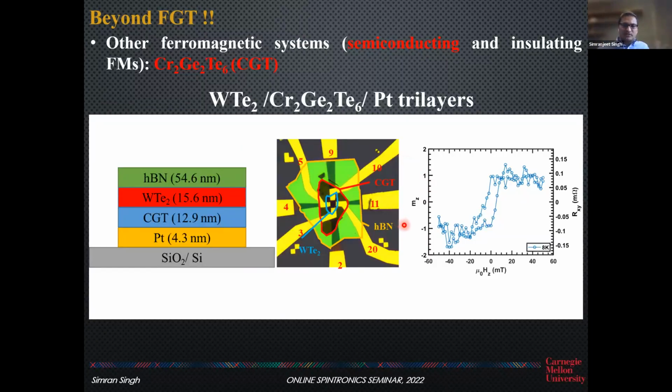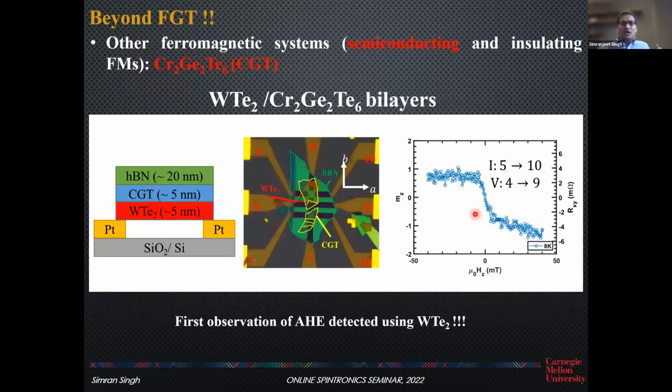This is work in progress, where we can make these complicated heterostructures, put them into devices, and then read the state of CGT. Also, we recently successfully used just WTe2 to measure the magnetic state of CGT, where we just use a bilayer of CGT and WTe2.